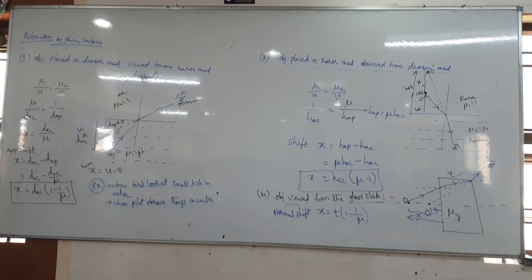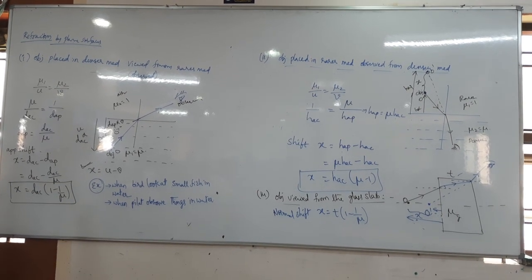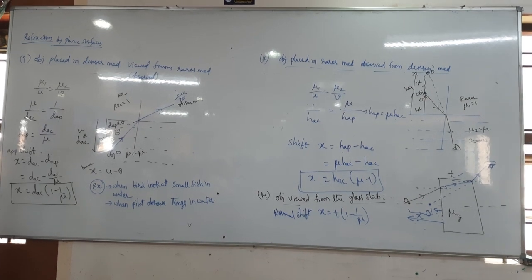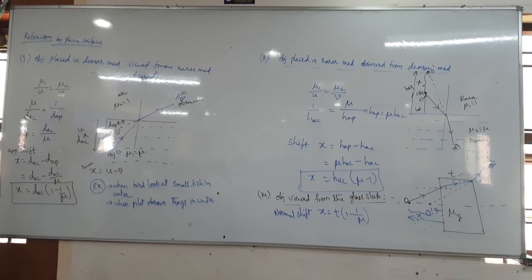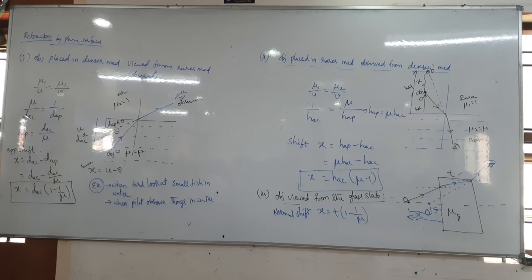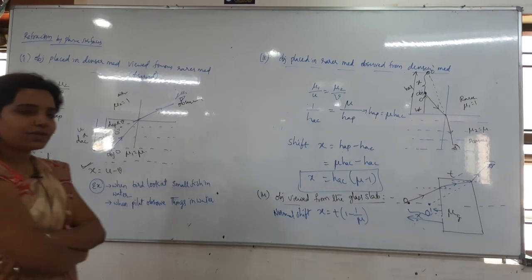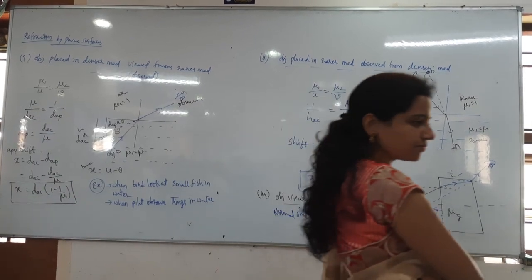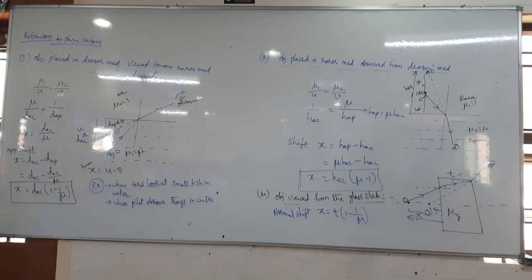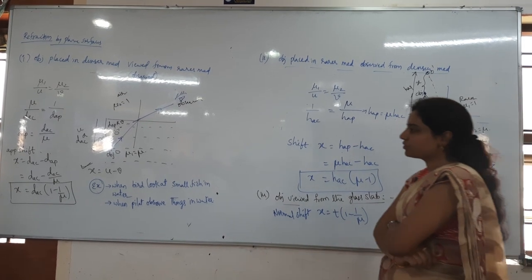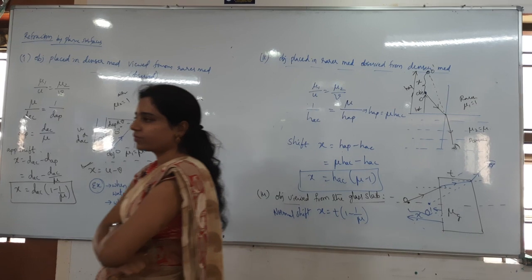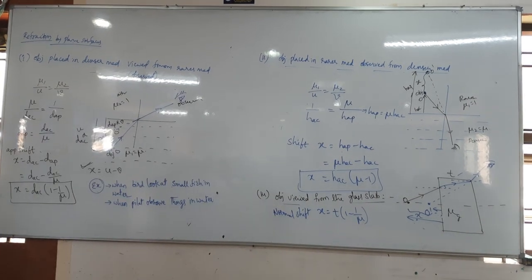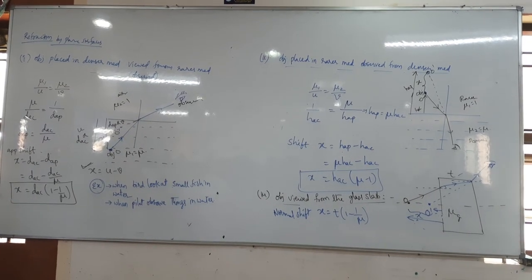And the shift will be towards the glass slab, normal to the boundary. So this shift is known as a normal shift.